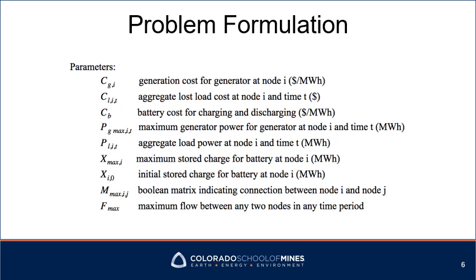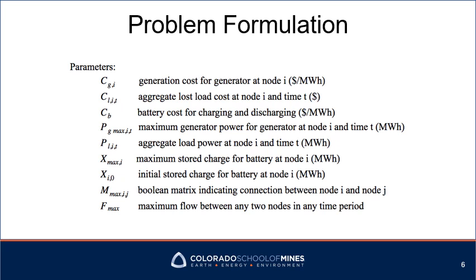The power of the loads themselves, which either had to be on or off. Maximum storage for the battery, initial charge of the battery, a Boolean matrix. This was really just created based on the design of the microgrid.